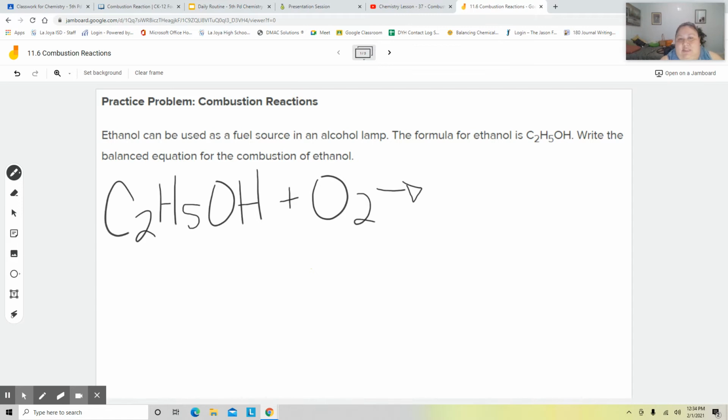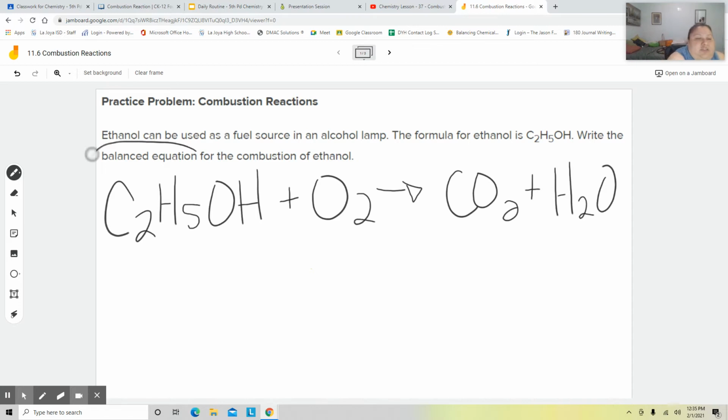Very good, Miss Dia. Anytime we have a combustion reaction, we always get the same products: carbon dioxide and H2O, water. That's the skeleton equation, but it's not balanced. We've been practicing balancing for already 1 week now, so we should be able to balance this reaction.